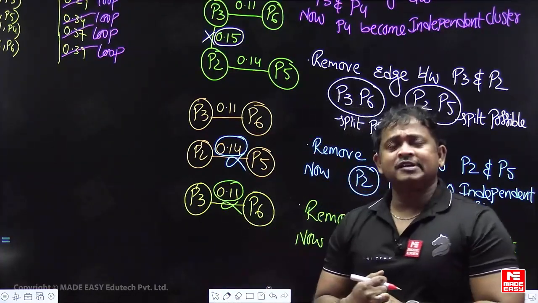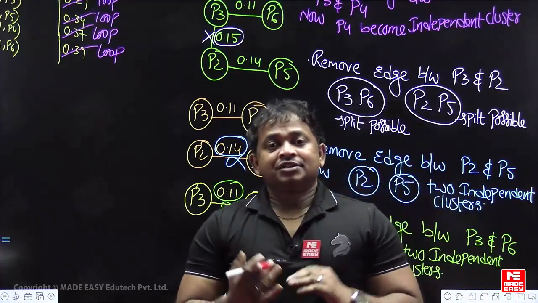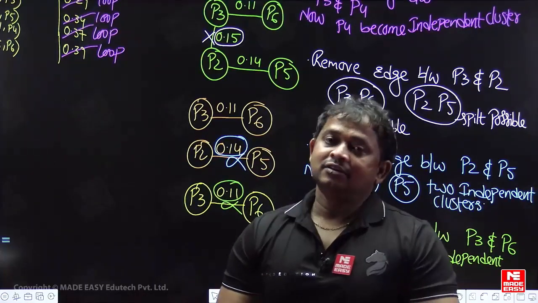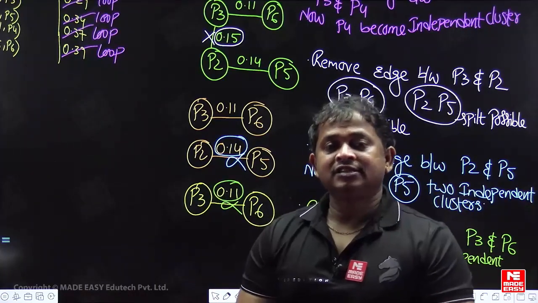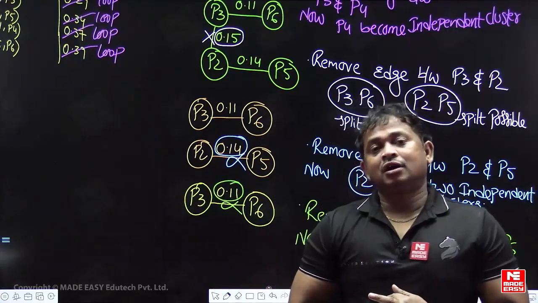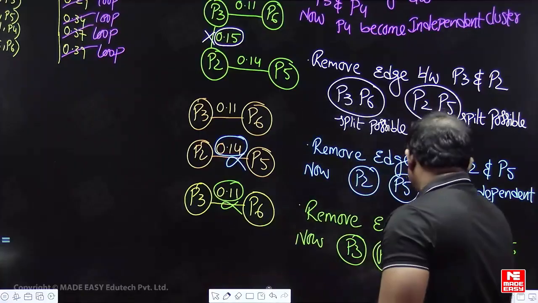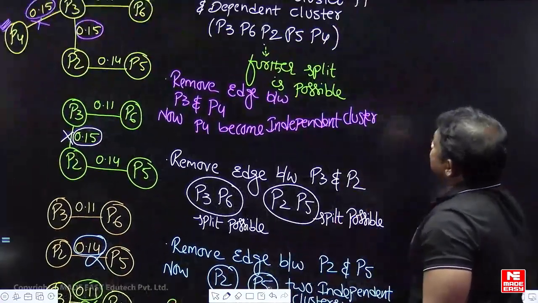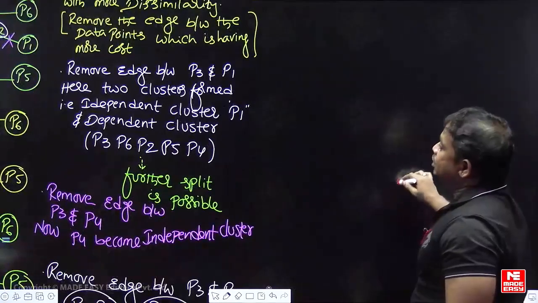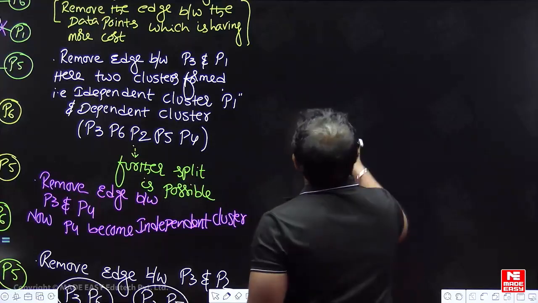This procedure we continue until we have independent clusters in the hierarchy diagram. This is top to bottom decomposition, or top to bottom clustering, that is the divisive clustering. Okay, so now we are forming the clusters. Suppose if you draw the dendrogram, it is like this.